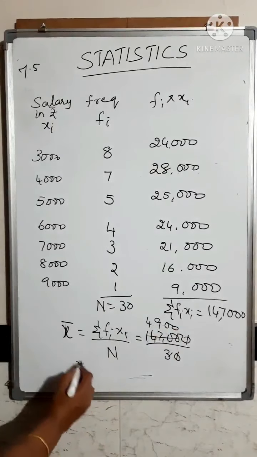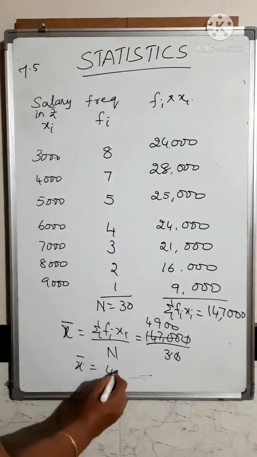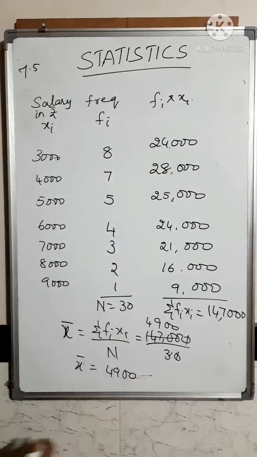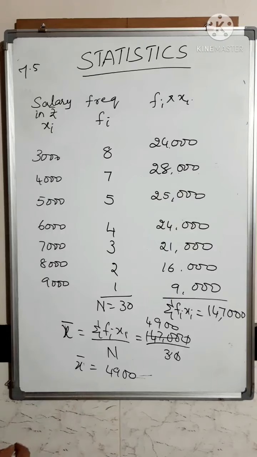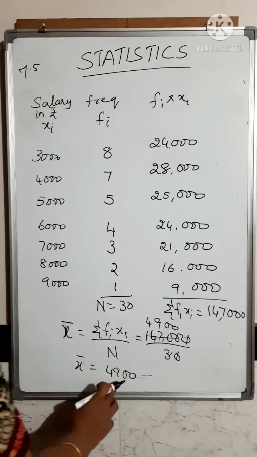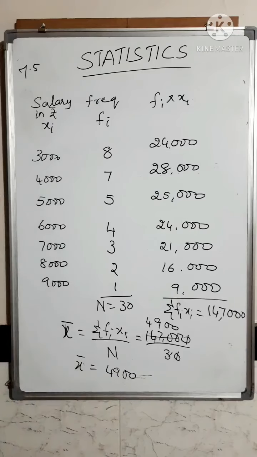So you get mean is equal to 4,900. In the final step you have to write: therefore the average monthly salary is equal to rupees 4,900.